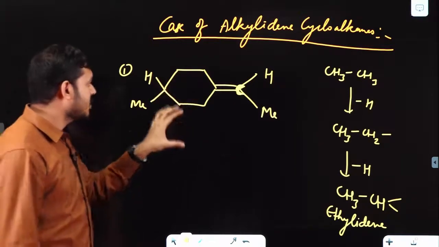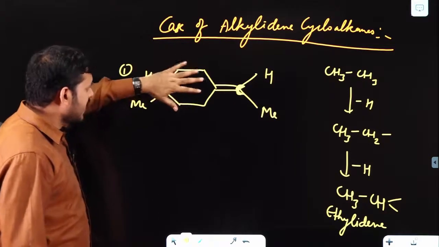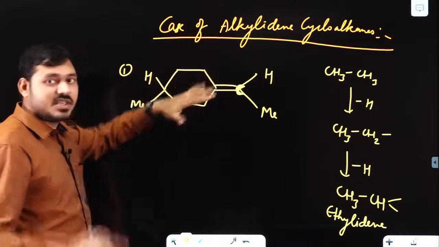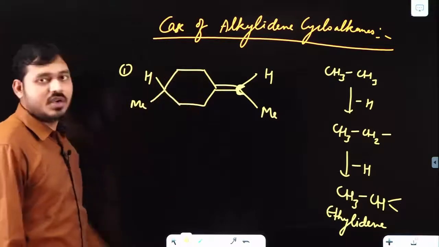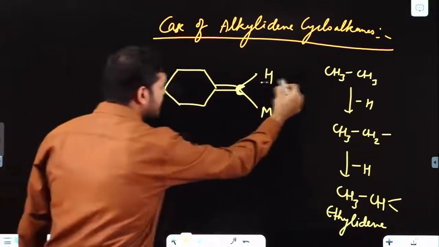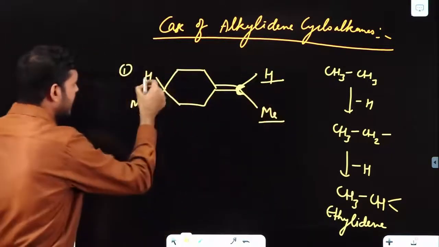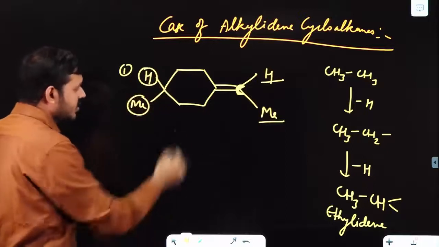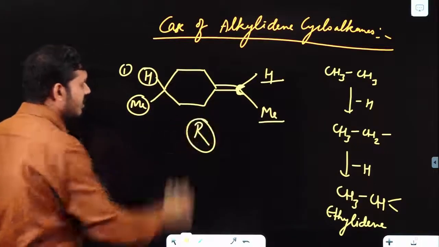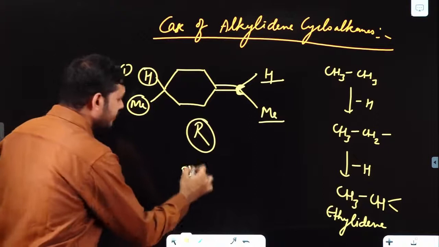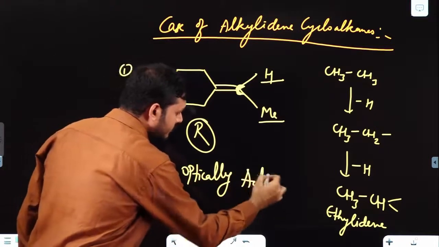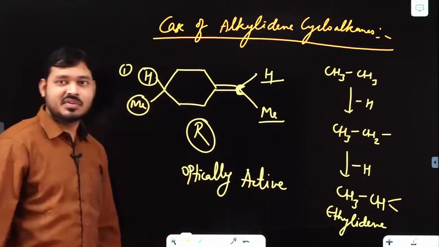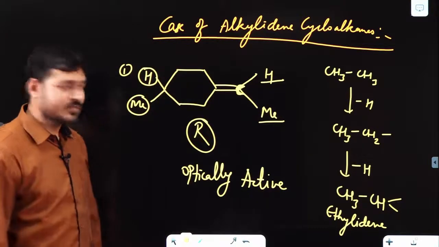Why? Because with respect to this ring and this pi bond, you can imagine the same case as spiranes. So these two are perpendicular to each other. If this part and this part are planar, then this will be perpendicular. So it is also resolvable, which means it is optically active. Okay, clear to you all?